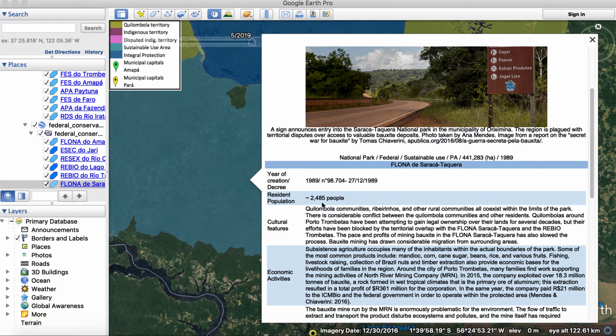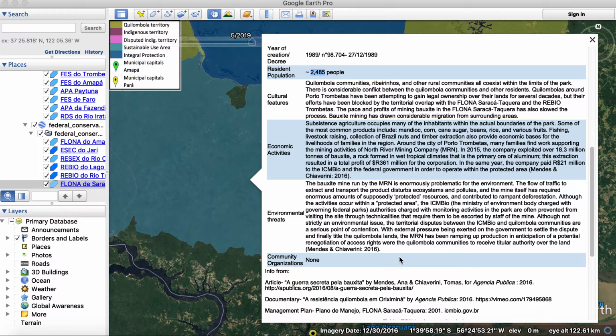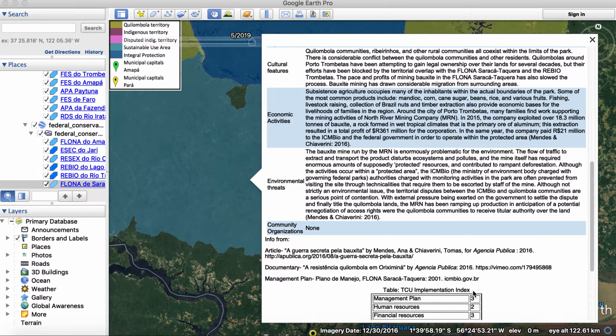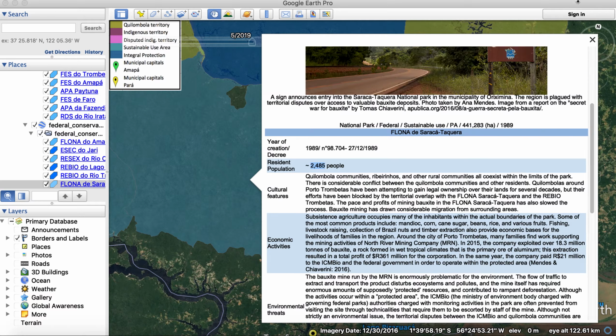As we can see, it has quite a large resident population and several threats to the environment, as you know, would seem obvious.